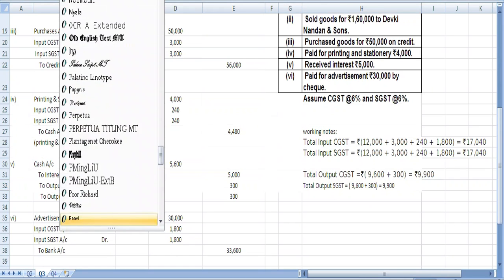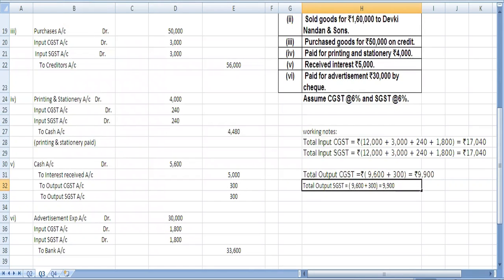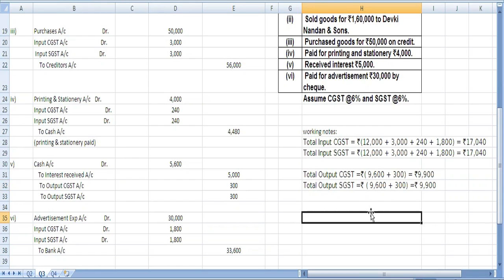Okay, again we'll change here. Rupees and rupees. Now here, if you notice, your output CGST is less. What is more here?